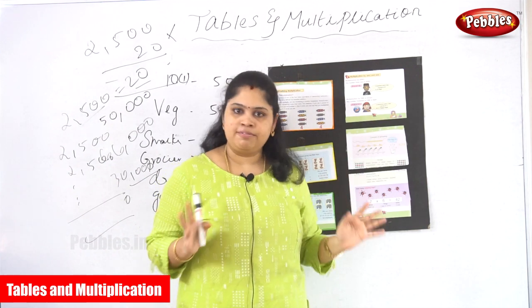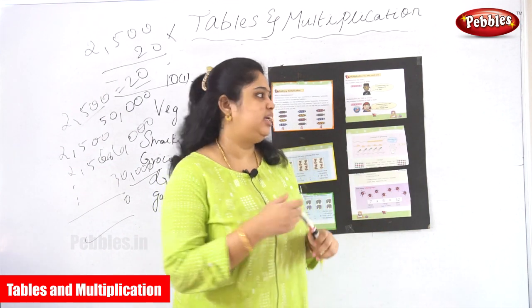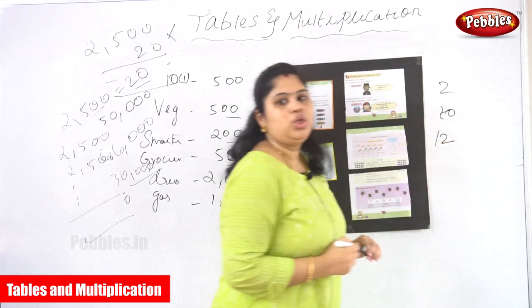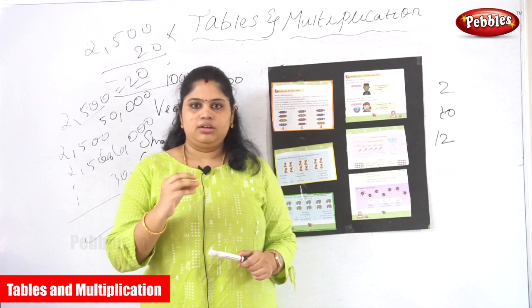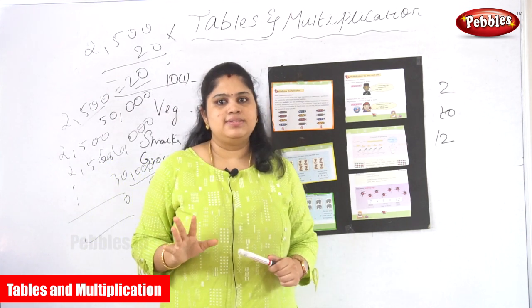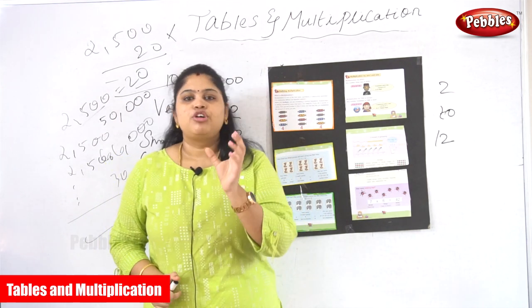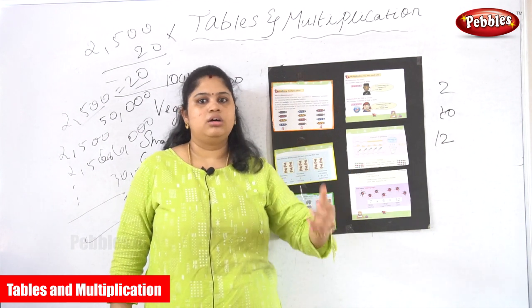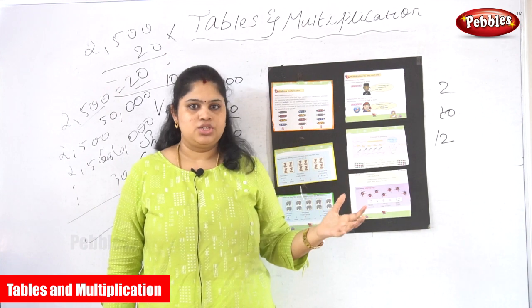There is no other way. You have to memorize at least the 2 to 12 tables. But as I said before the class, second standard and third standard students are just starting to learn multiplication.